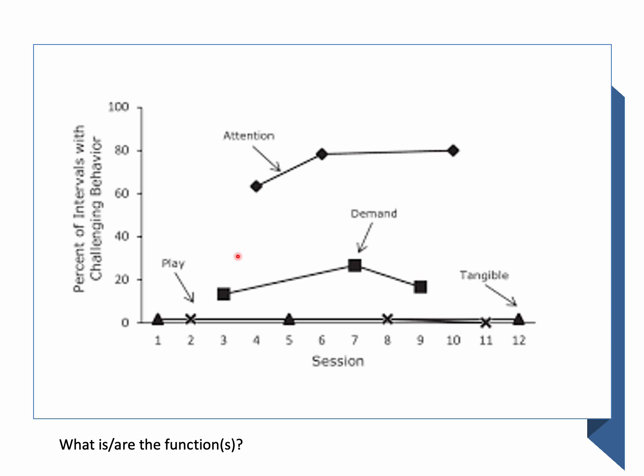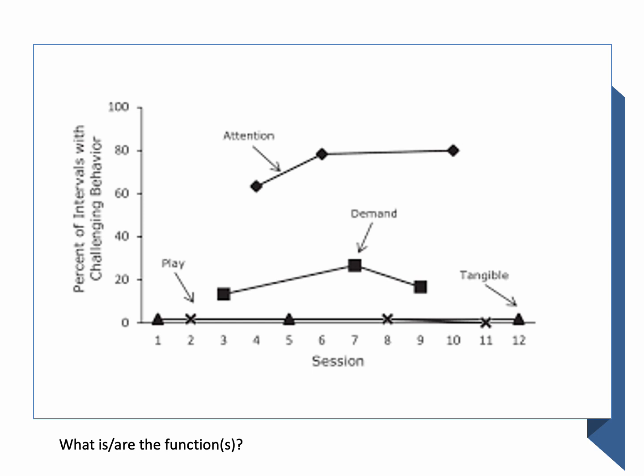This problem behavior serves two functions: to escape from demands, and it also serves to gain access to attention. So we say that this behavior is multiply controlled, or that there are two functions of problem behavior. And you just simply say this behavior occurs for access to attention and escape from demands.